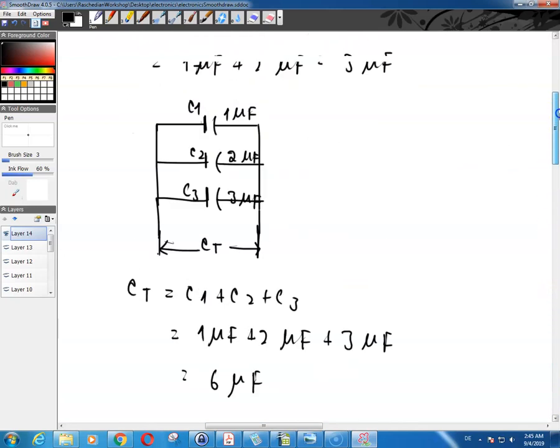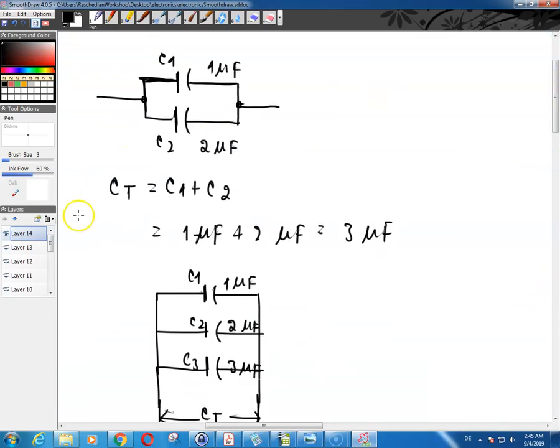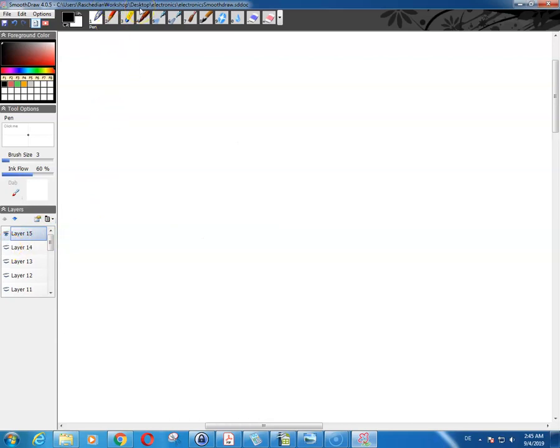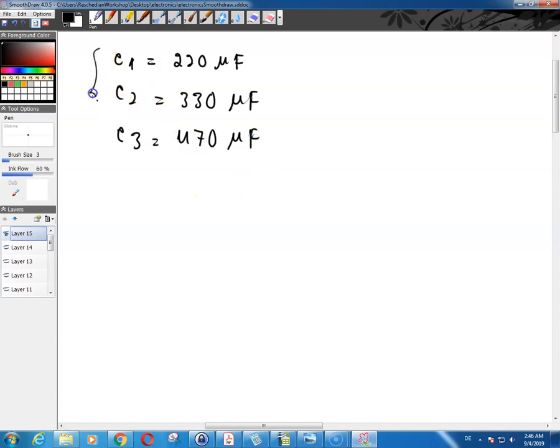Now suppose that you have C1 equal to 220 microfarad, C2 as 330 microfarad, and C3 as 470 microfarad, and these capacitors are all connected in series.